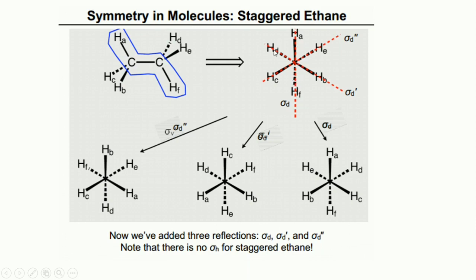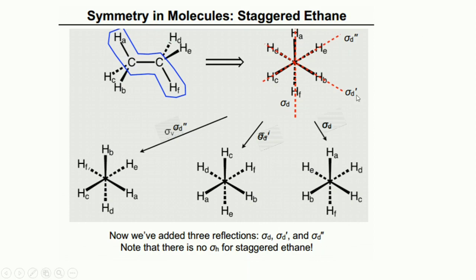So this atom will go over there and this atom will have its impact on the other side. Same is the case with HC and HB. So here we can see that this is actually the operation of sigma d that is done to the staggered ethane molecule. Let's talk about the other, sigma d dash.